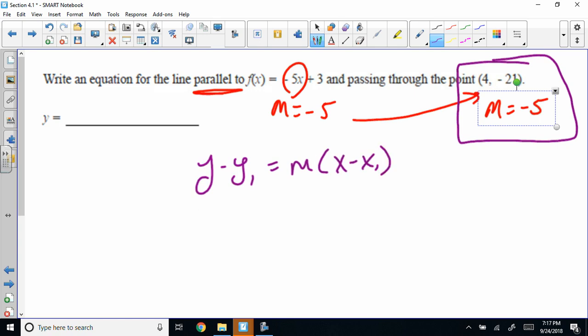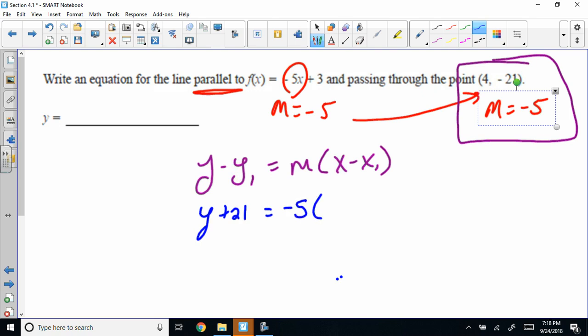So when you plug these things in, you got to make sure that your coordinates change signs. And the reason why they change signs is this. We have y minus y1 coordinate equals m, the slope, times x minus the x1 coordinate, right? So when you're minusing something, it changes sign. So y, that's a negative 21, so it's a positive 21.